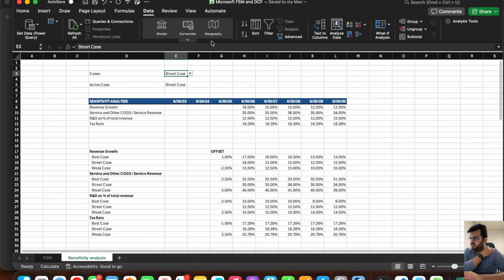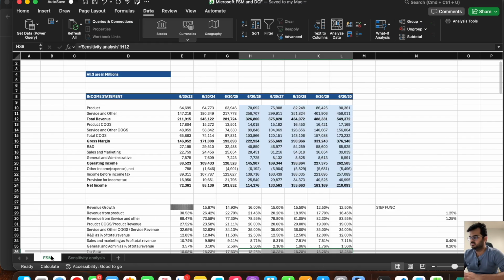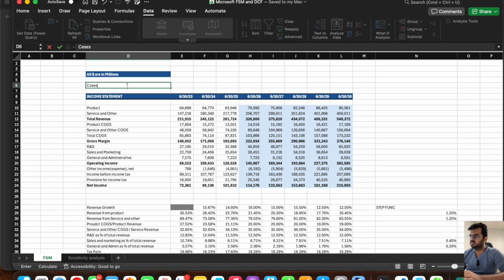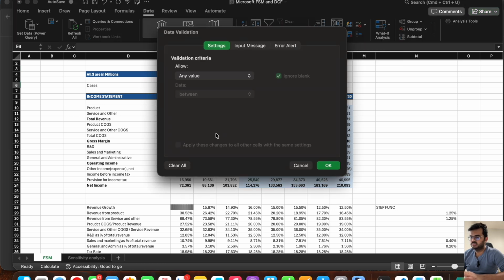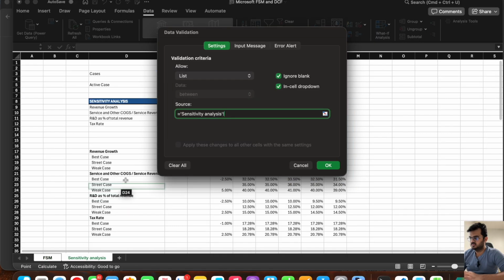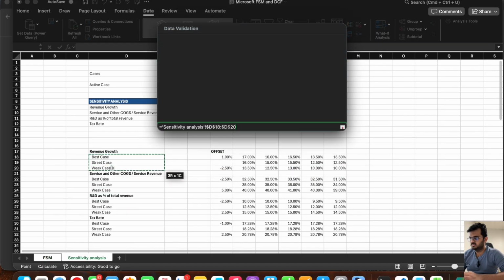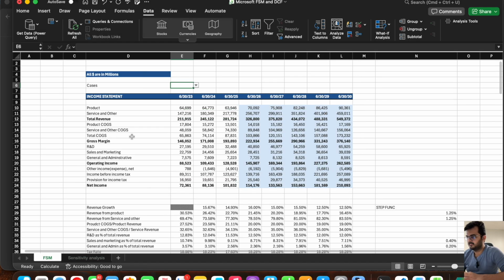Maybe to make it even more simple, I will give, see here, the cases: come to data validation, list, sources, these three numbers for these three cases, and hit OK.